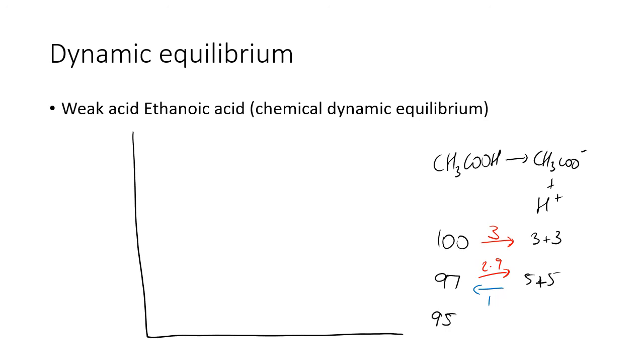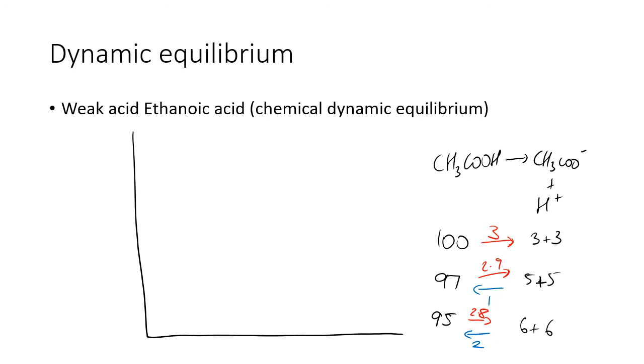Let's say this is now 2.8, and this becomes 2. So now we only have a difference of 1. So you're going to have 6 and 6, and you're going to have 90 something.